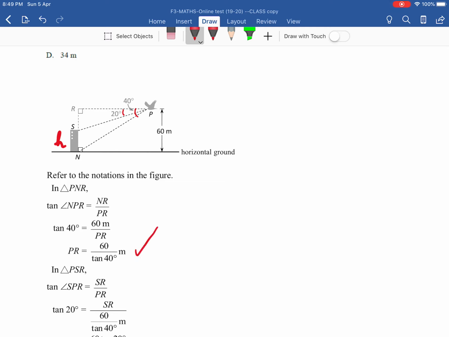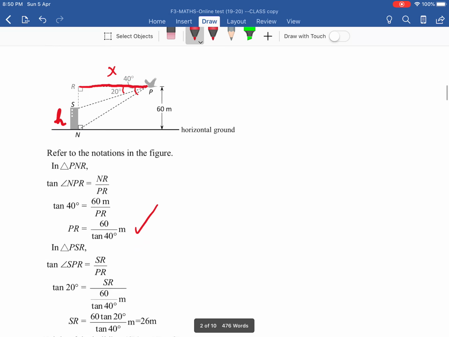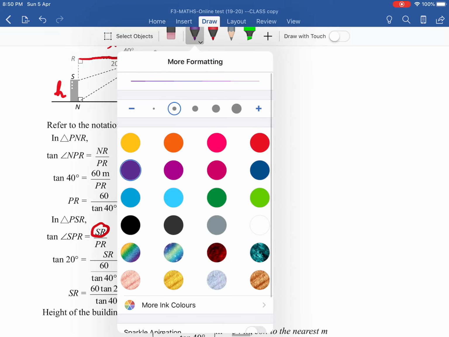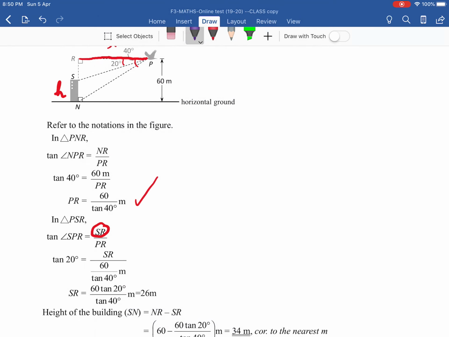I call this X, this line is X, by using tangent 40 degrees. And then we can find out SR, SR is this one.